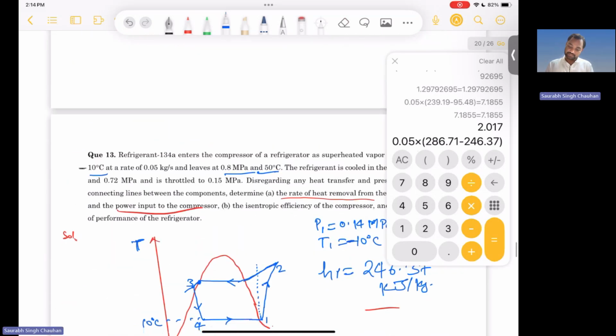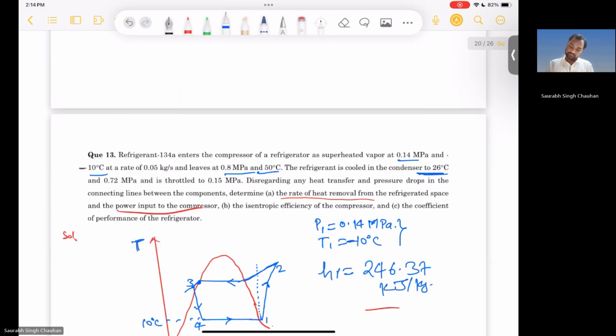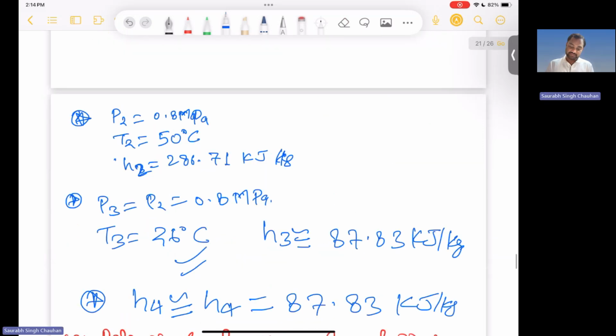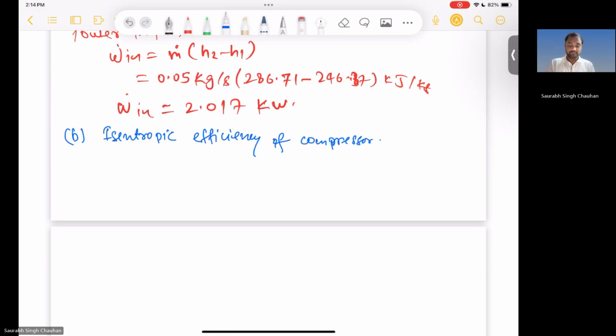Part B asks for the isentropic efficiency of the compressor. What is the isentropic efficiency of a compressor?